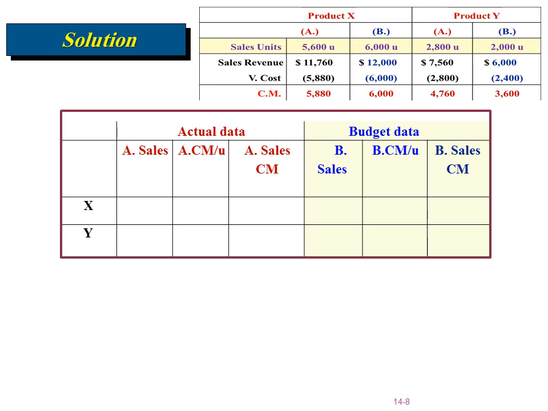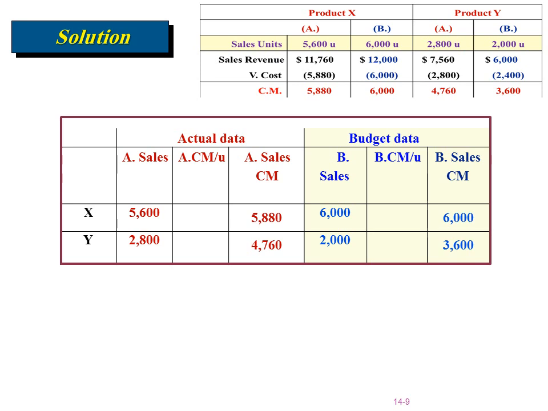I need actual contribution margin per unit. I don't have it, but I have the total contribution margin for X. So I can use what I have and complete my table of information. What I have here is units and the total contribution margin. Again, I have actual sales units for X and Y, and the total contribution margin for X and Y.